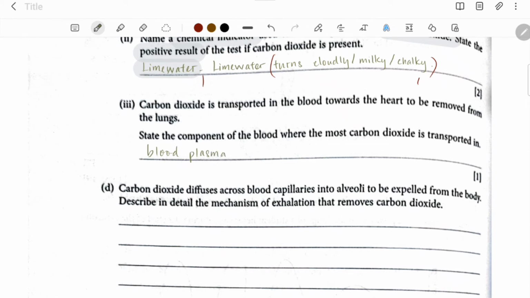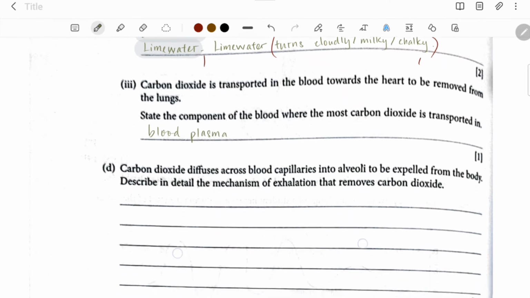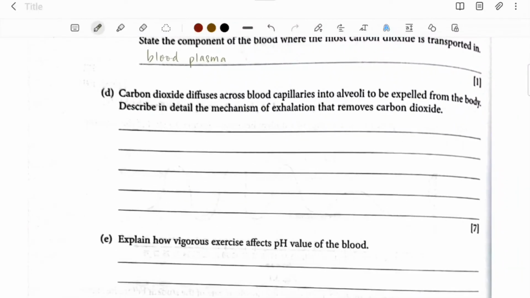Okay, D. Carbon dioxide diffuses across blood capillaries into alveoli to be expelled from the body. Describe in detail the mechanism of exhalation. Okay, this one just now already explained, but never mind, we can write again. So this one, D1.